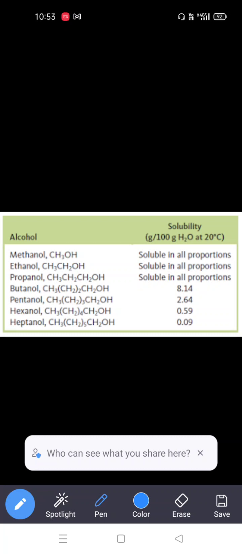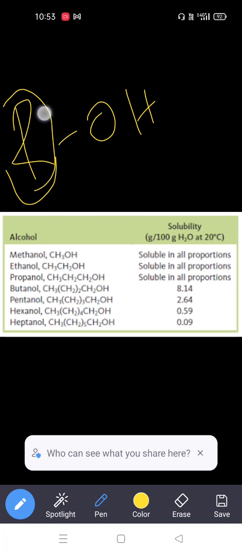If the carbon chain increases, the solubility decreases. Because the carbon chain, the R hydrocarbon chain, increases, the solubility decreases. We can observe that methanol and ethanol are very well soluble in water, and propanol also.